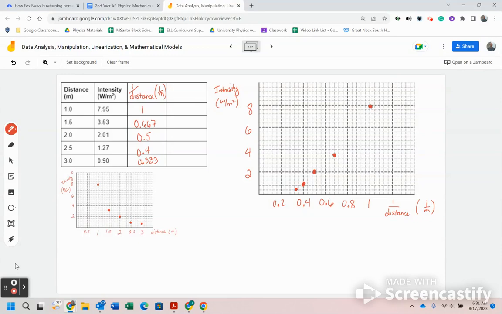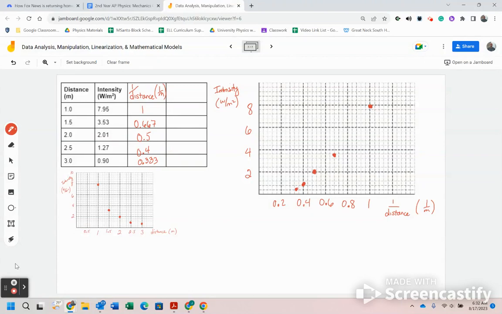So after we plot the intensity on the y-axis and 1 over the distance, the inverse of the distance, on the x-axis, we can see that it doesn't appear to be inverse anymore, but it doesn't appear to be linear either. So while we're on the right track, it's still not the correct relationship.